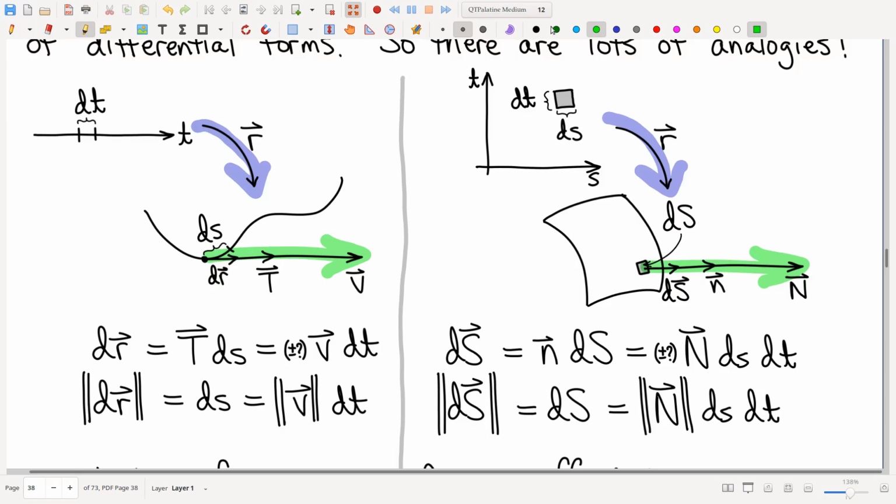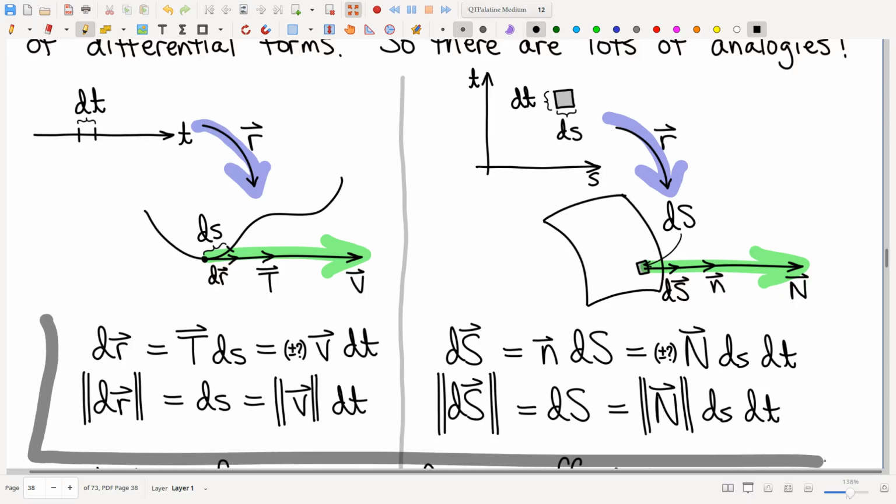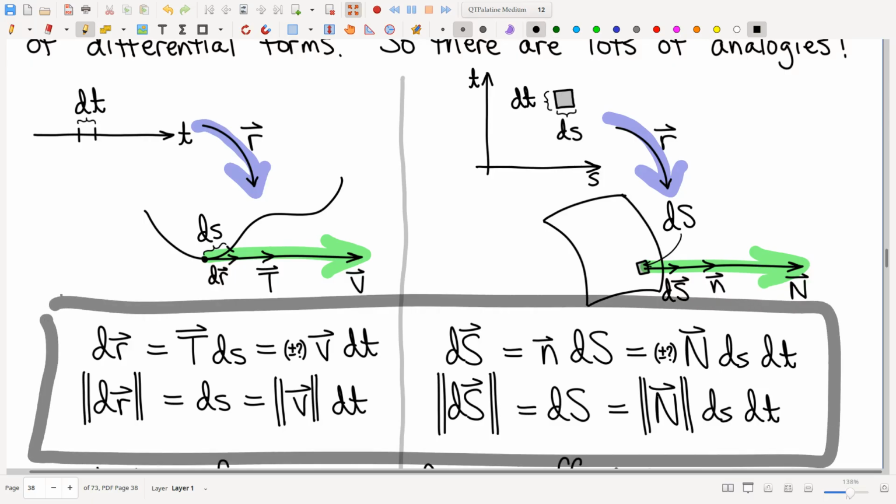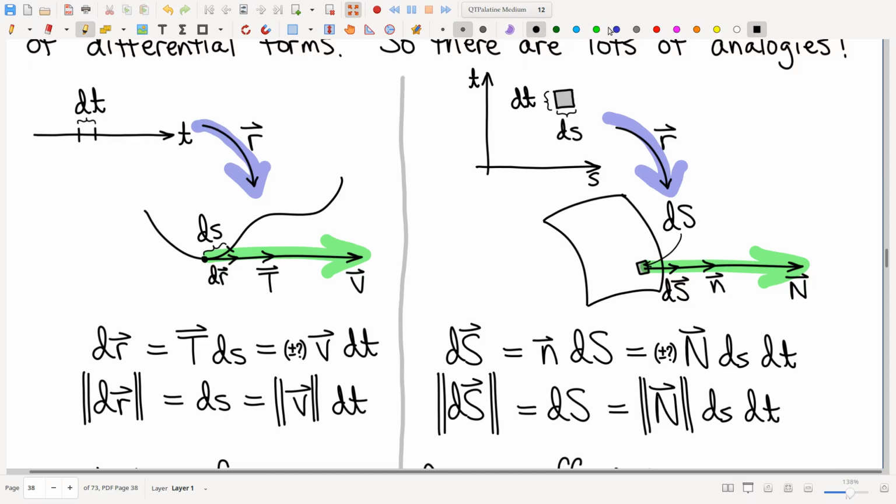Among all these formulas that we've developed over the last several lectures, all old news, notice that the v vector and the capital N vector sit in analogous places. And likewise, the unit tangent vector and the unit normal vector sit in analogous places.